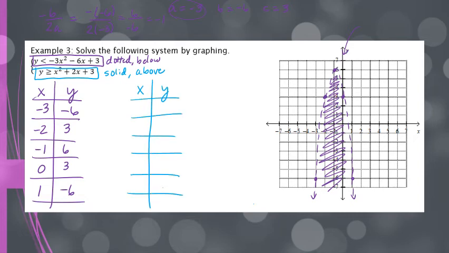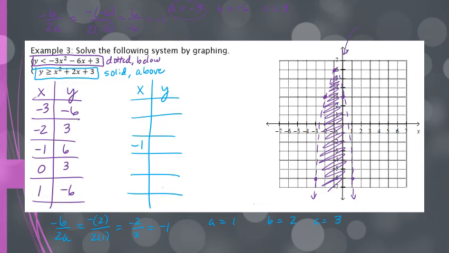I'm going to do my work down here at the bottom, my -b over 2a. My A, B, and C for this problem are 1, 2, and 3. So my little formula here is going to be -2 over 2 times 1, which is -2 over 2, or -1. So same x value in the middle of our table.